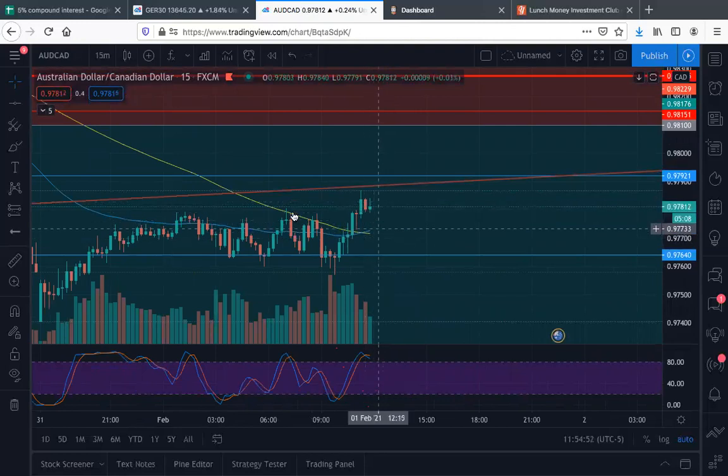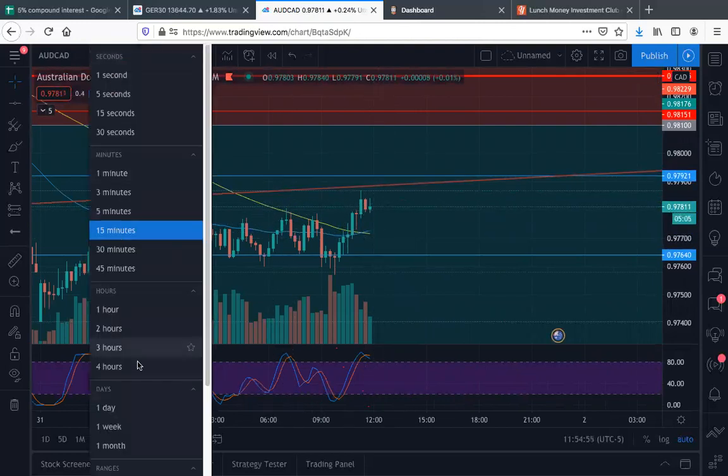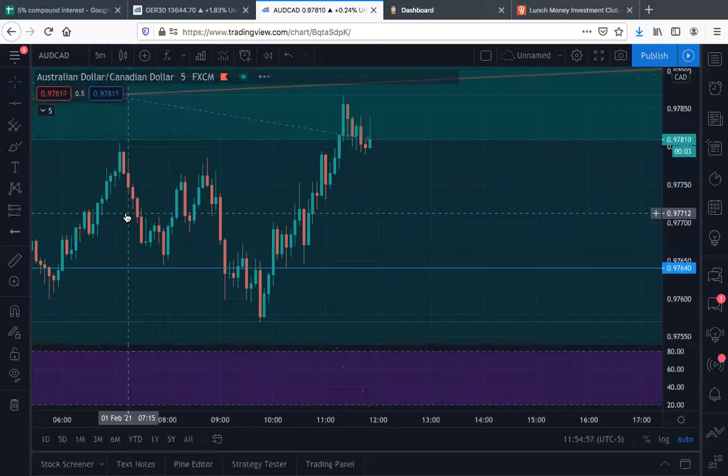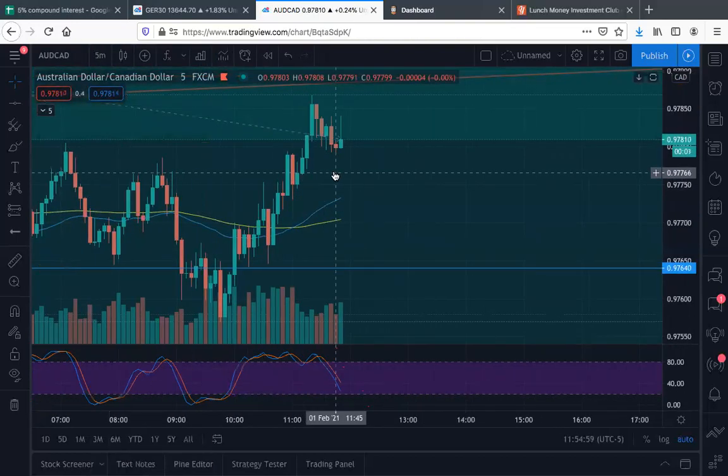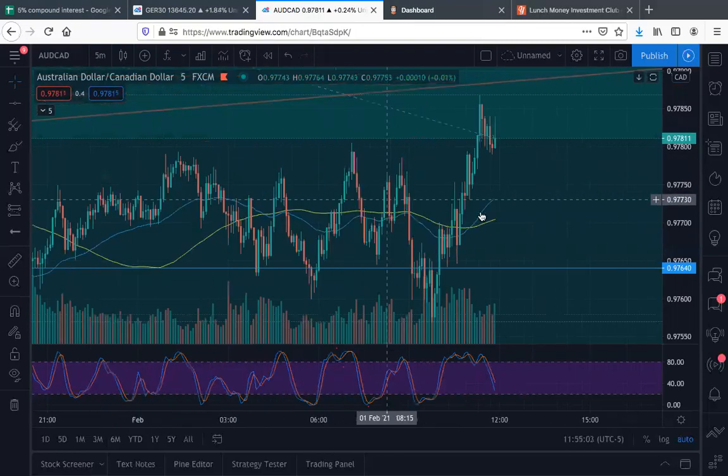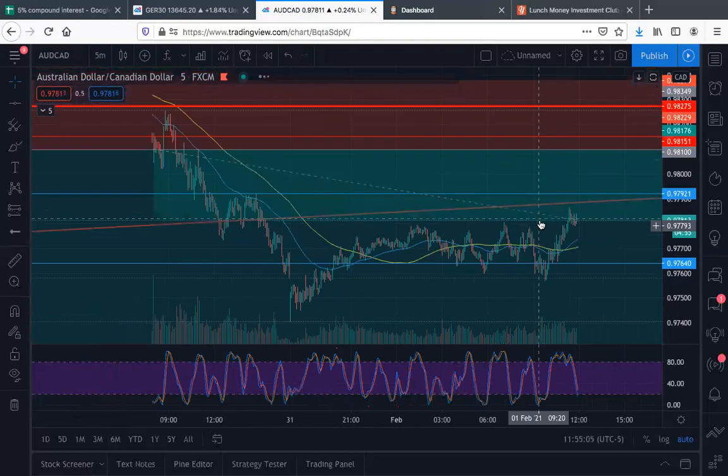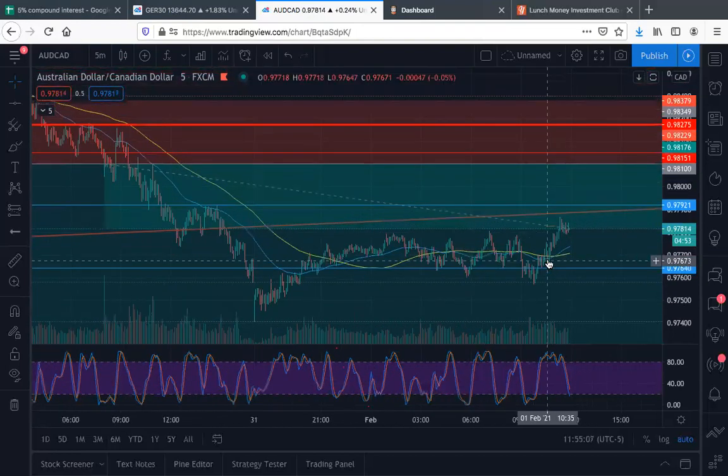That is not an engulfing candle yet, though. Let's go to the 5-minute and see if we got one. Yeah, we got engulfing candlesticks on the 5-minute, signaling that this is again a bearish trend continuation. So, these are the ideas that we're going with for right now, and we'll see how these play out.